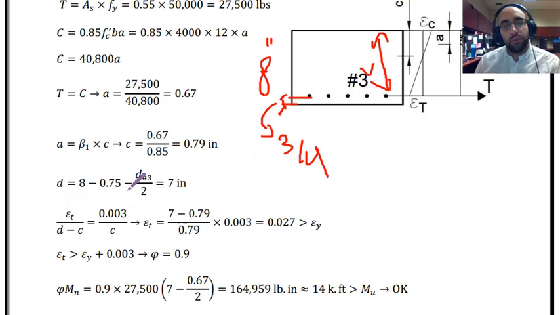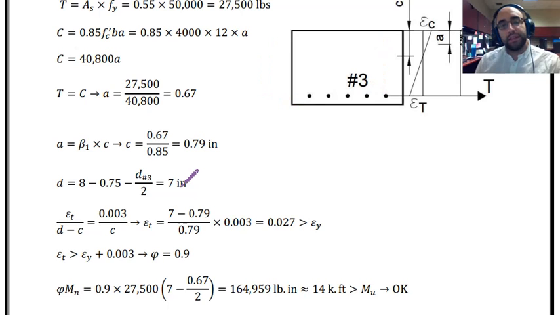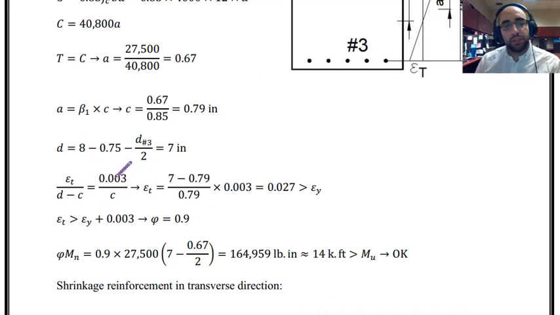So 8 minus 3/4, or 0.75, minus half of bar diameter, that will be this distance over here. And as you can see, that is 7 inches. So that is the D. Now put it in this equation. Epsilon T is equal to 0.025, much greater than the yield strain. And of course, it is greater than the yield plus 0.003. So the section is tension controlled, which is good.